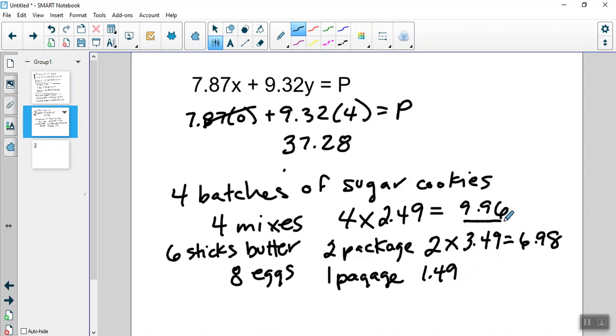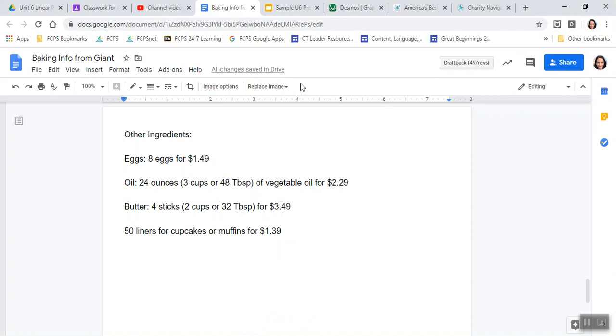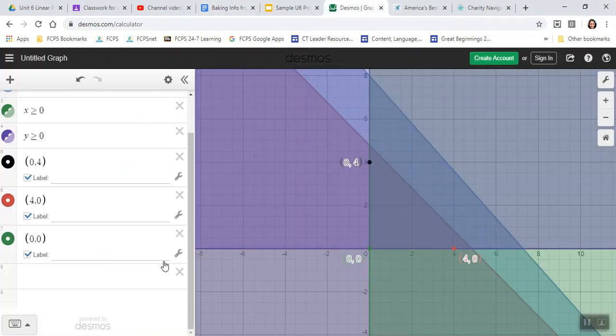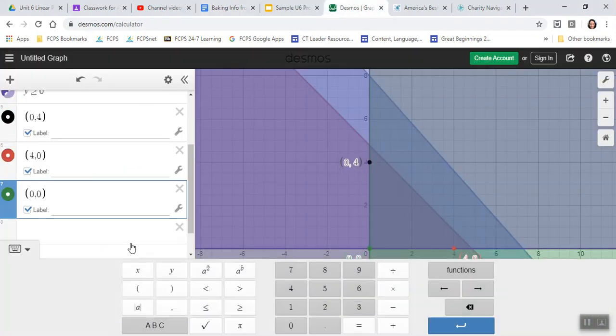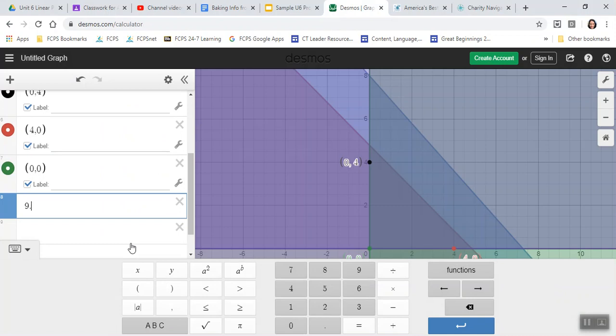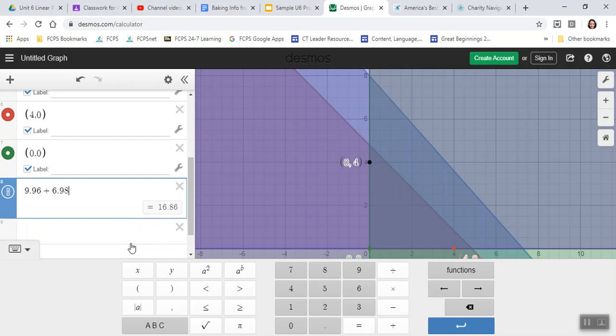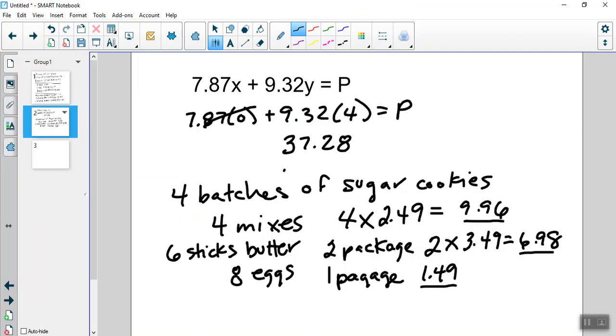So I need to add these numbers to find out how much it will really cost to make 4 batches of sugar cookies. So $9.96, $6.98. Alright, and the last one was $1.49.